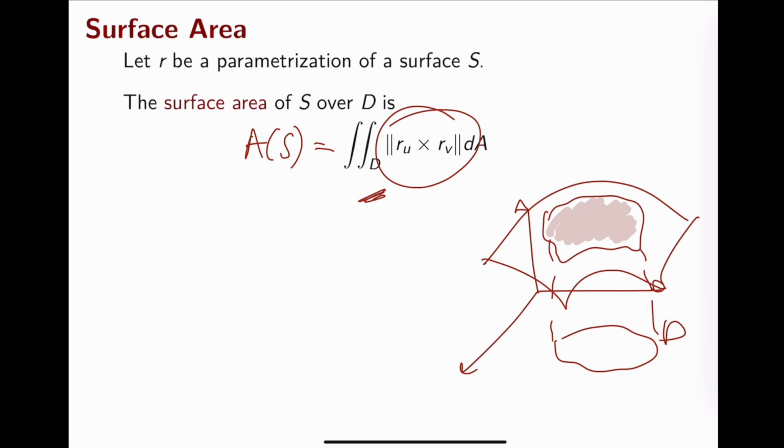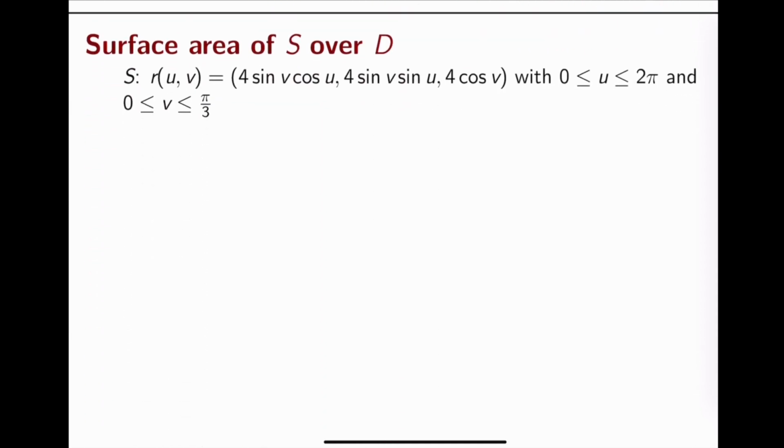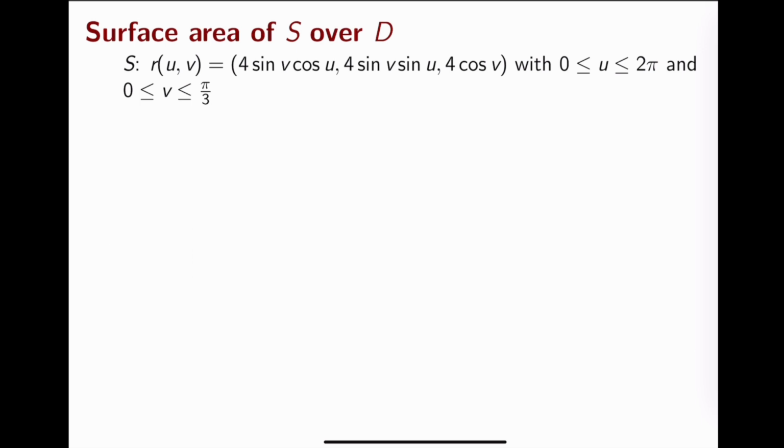So the normal vector that we calculated before as a cross product between r_u and r_v, then we need to calculate the norm. The double integral of the norm of that vector over the domain is what will be the surface area. So, for instance, we have the surface in this case defined by these parametric equations, and this is the domain D over which we want to calculate the surface area.